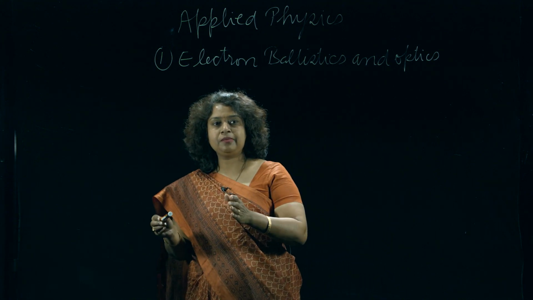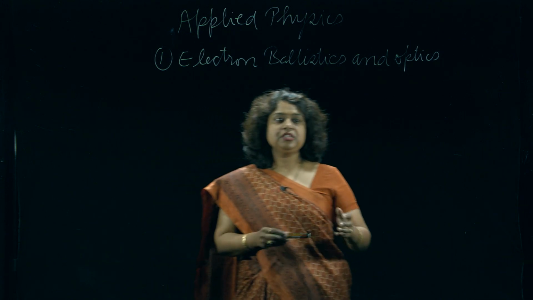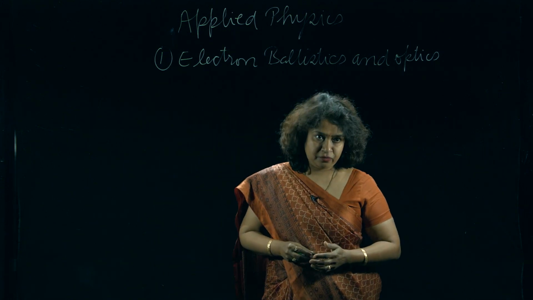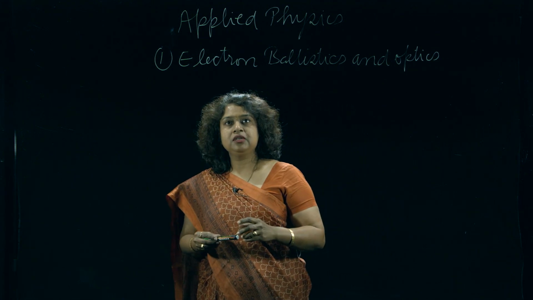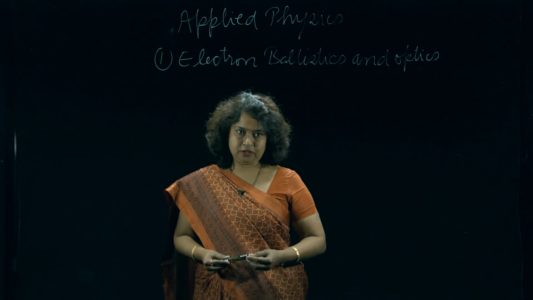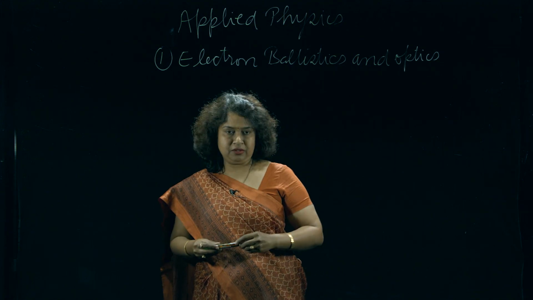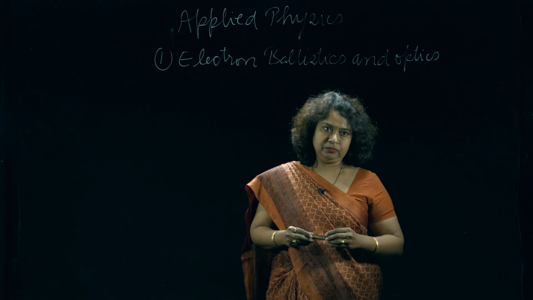So electron ballistics part we will be learning about the uniform fields, and in the optics part we will be learning about non-uniform field. And why this word optics is coming there? Because the behavior of electron is similar to the behavior of light. So it's very simple. So we will be applying all the laws of optics to that of the electron, and again relevant applications.